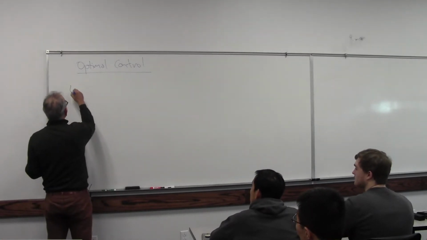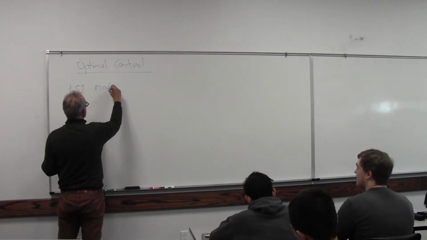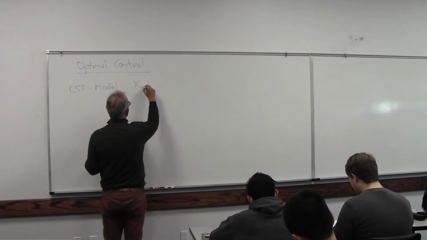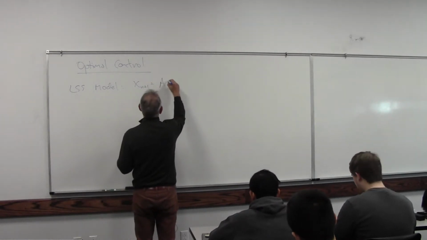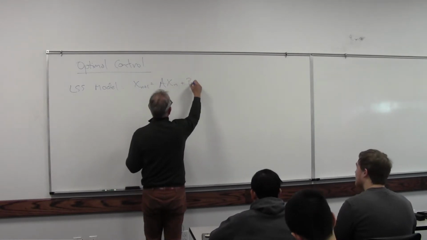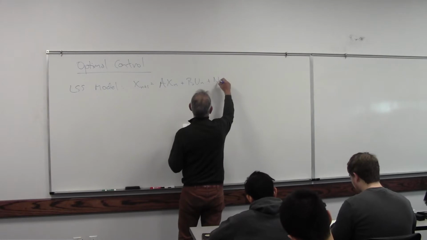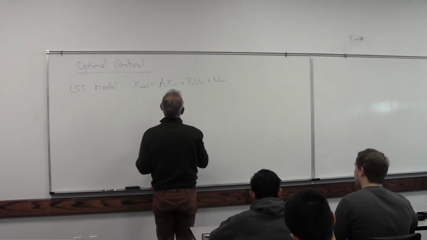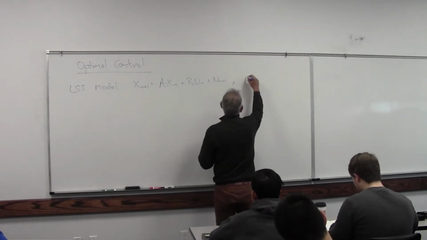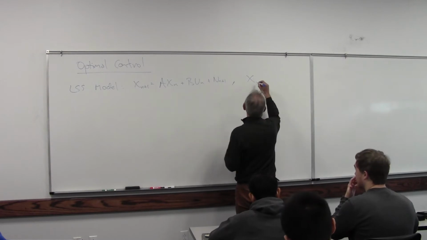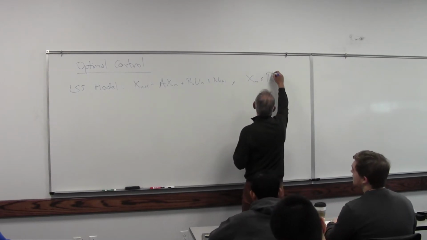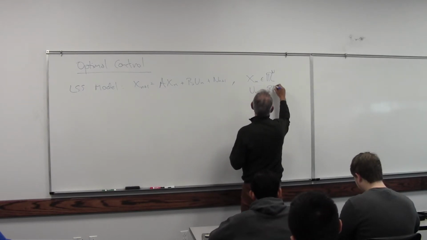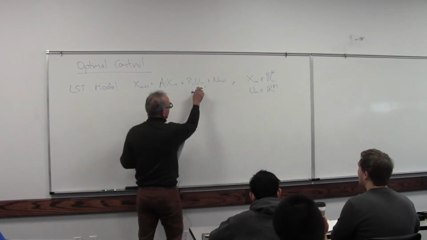But we have this linear state space model. And so I think I might have used T before, but anyway. And so I've got now an m-dimensional input.